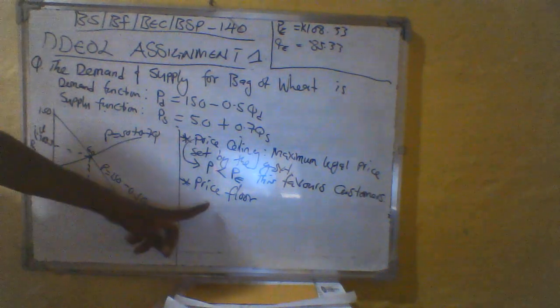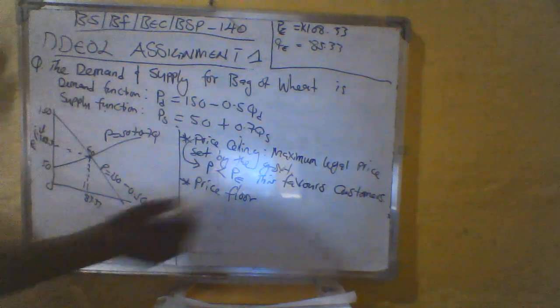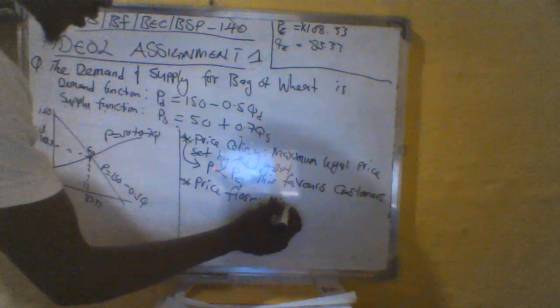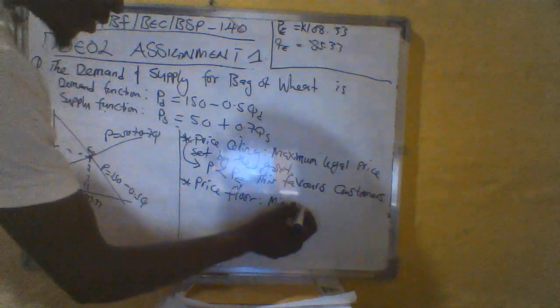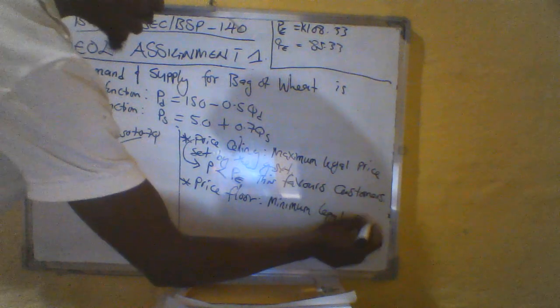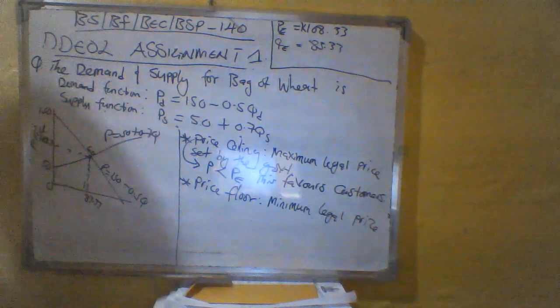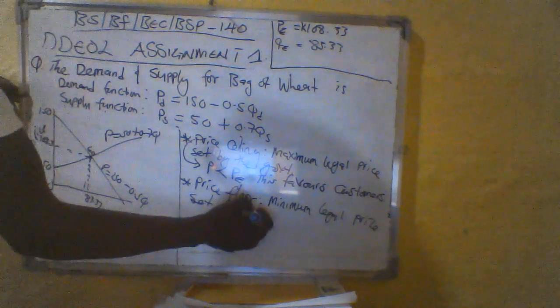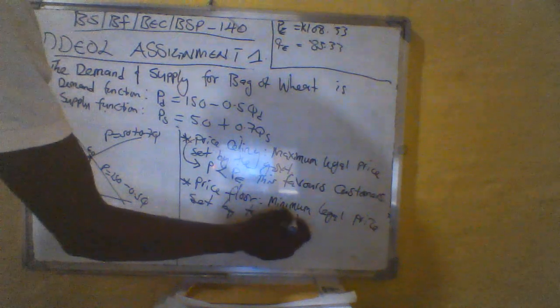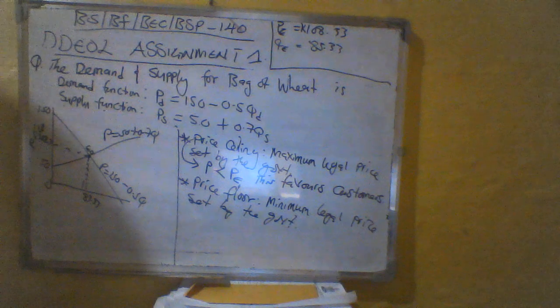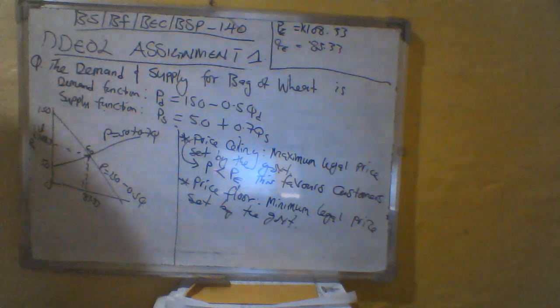When I look at the price floor, it is just the minimum legal price set by the authority or by the government. I know there are deeper definitions if you're doing economics, but this is just trying to look at the theoretical aspect of the mathematics here.